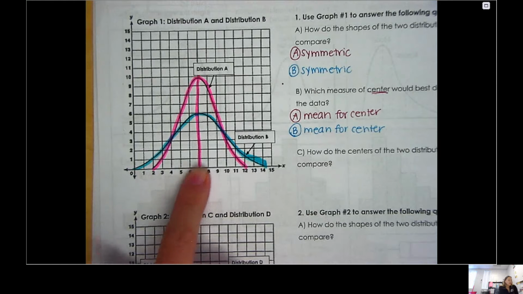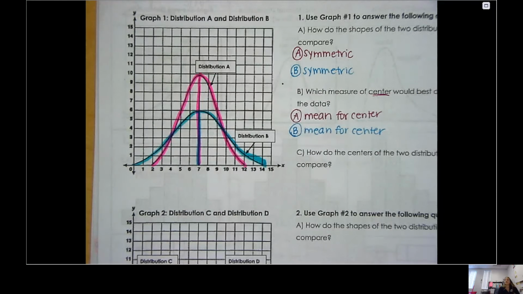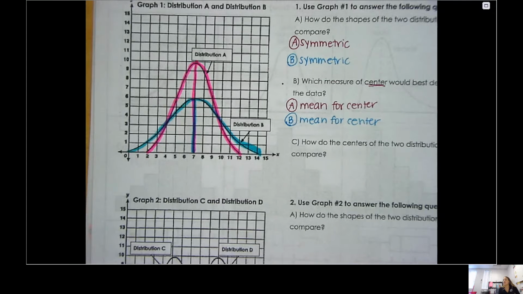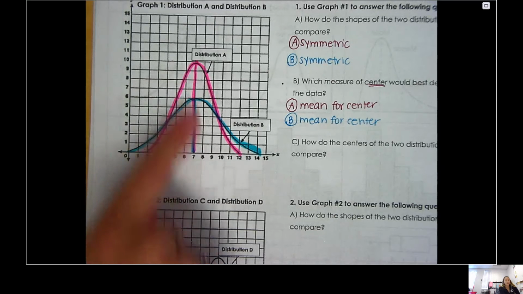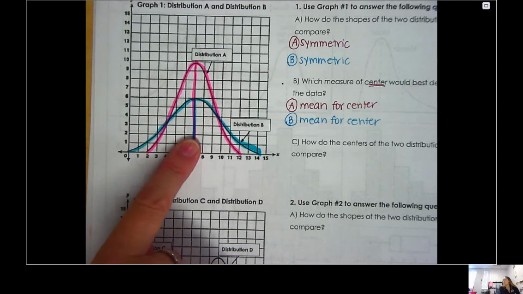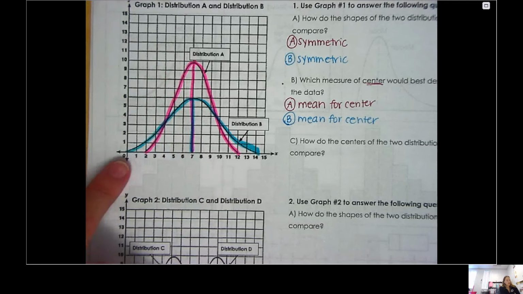What's your frequency on the left? You've got 10 of them. Good. What about for the blue one? How many do you have? You've got 6. So your center for distribution A is bigger than your center for distribution B, right? You've got more of this one than you do of this blue one.